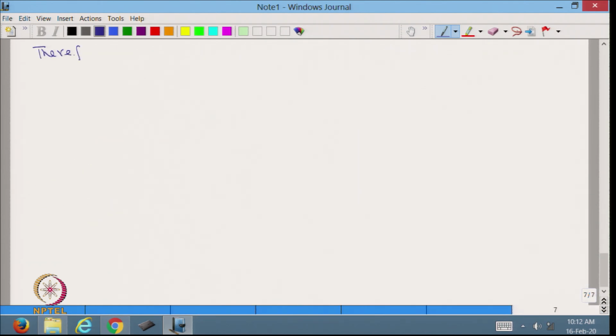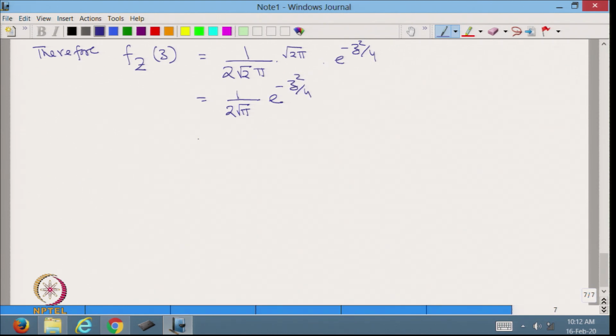Therefore, f z of z is equal to 1 over 2 root 2 pi into root 2 pi into e to the power minus z square by 4, which is equal to 1 over 2 root pi e to the power minus z square by 4, which is equal to 1 over root 2 pi into root 2 into e to the power minus z square over 2 into root 2 whole square.